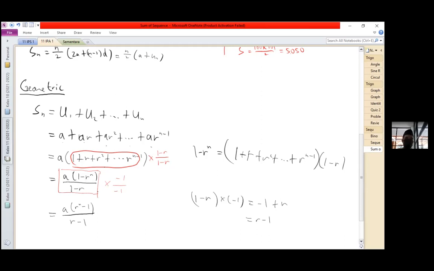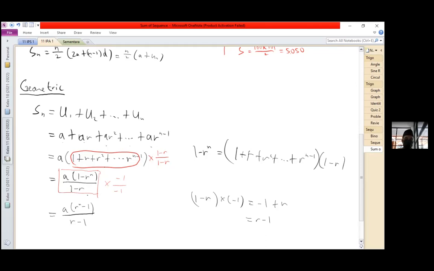We usually use this one if R is less than 1. Why? Because you will get a positive denominator. So we use this when R is less than 1 so that 1 minus R is positive. For example, if R is one half, 1 minus R is one half; if R is one third, 1 minus R is 2/3, so it is not negative.